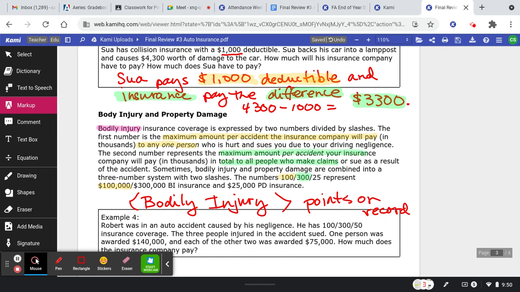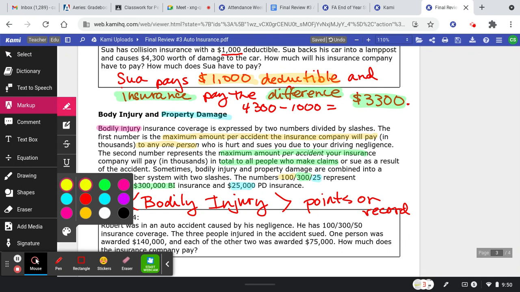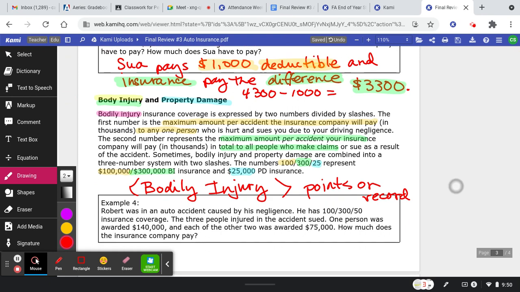So that second number, 300, means 300,000 for everybody. And then what the heck is the little 25,000, if they have a third number behind the slash? That 25, which stands for 25,000, is for property damage. So the yellow and the green, that's for people. That's for bodily injury. And that blue example, the 25,000, is for property.